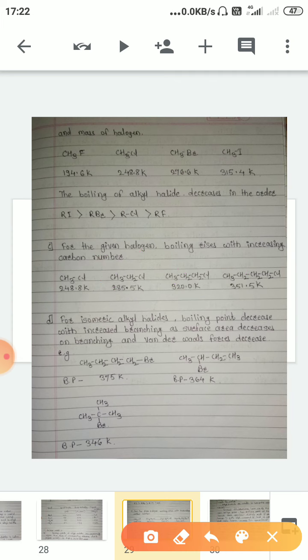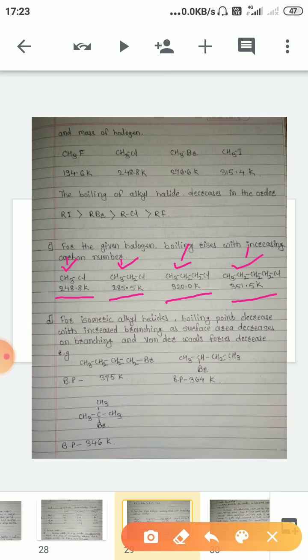The boiling point of methyl chloride is 248.8 Kelvin, ethyl chloride is 285.5 Kelvin, propyl chloride is 320 Kelvin and butyl chloride is 351.5 Kelvin. That means as the molecular mass increases, the boiling point of alkyl halides increases.